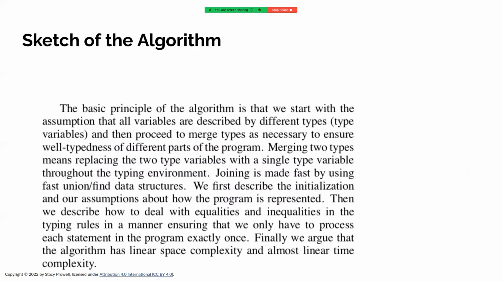So back to Steensgaard's algorithm. He gives you an algorithm for going through his little program and figuring out what points to what. The basic principle of the algorithm is that we start with the assumption that all variables are described by different types, different type variables, and then we try to merge types as necessary to ensure the well-typedness of different parts of the program.